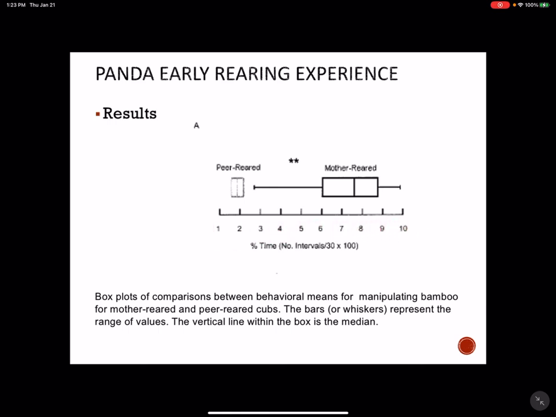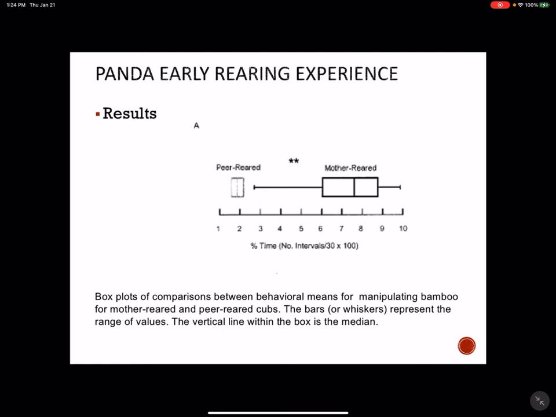But we can see that the pandas reared by their mothers engaged in a range from 6 to 9 minutes in bamboo play during an observation period, while the pandas not raised by their mothers engaged in around 2 minutes per observation period. So, even without doing any stats, we can see that the mother-reared pandas spend a lot more time doing species-appropriate behavior.